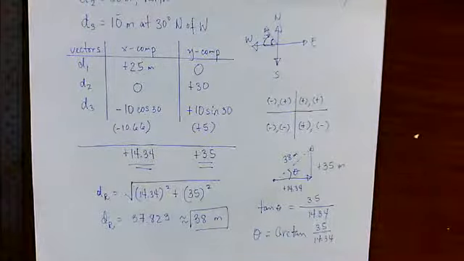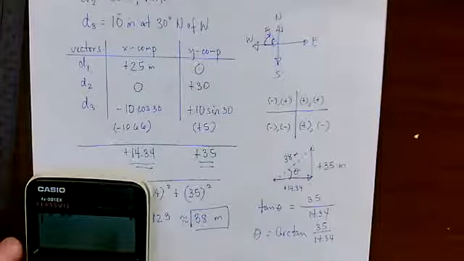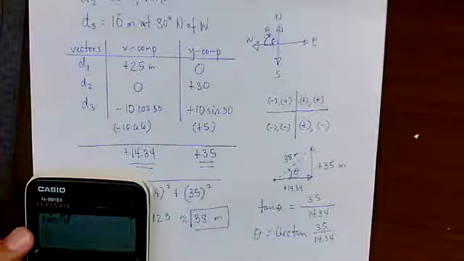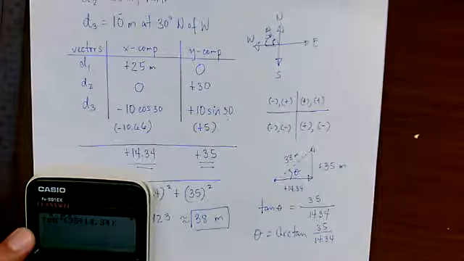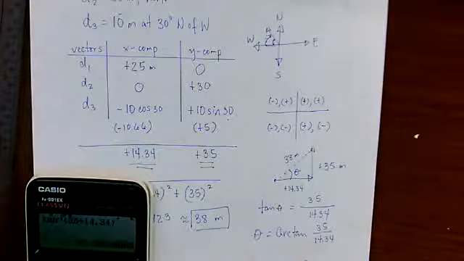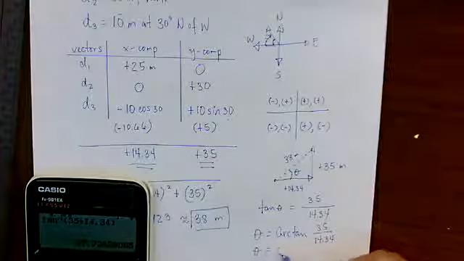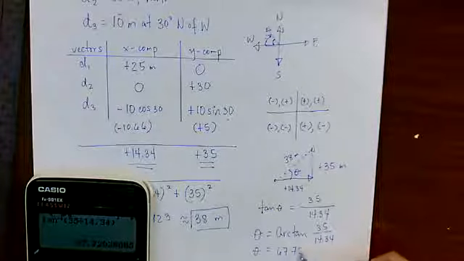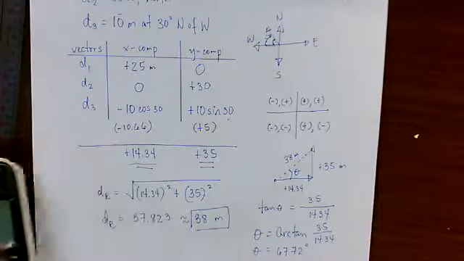Let's compute that. Shift tan, 35 divided by 14.34. This will give us the theta, 67.72 degrees. Our agreement is to limit our answers to two decimals.